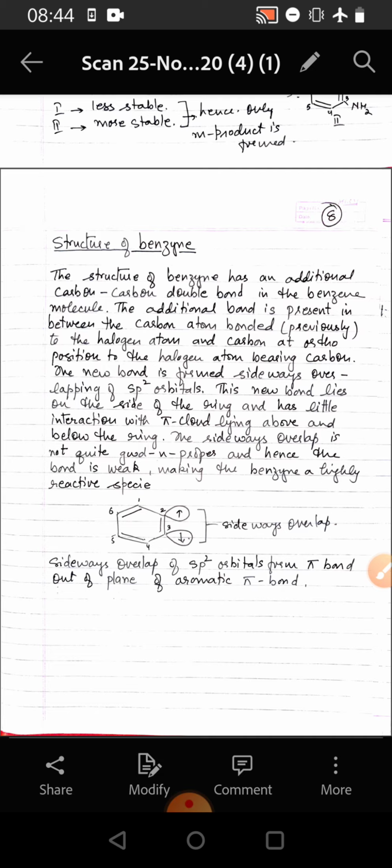This new bond lies on the side of the ring and has little interaction with the pi cloud lying above and below the ring. The sideways overlap is not quite good and proper, and hence the bond is weak, making the benzyne a highly reactive species. And the sideways overlap of sp2 orbitals forms a pi bond out of plane of the aromatic pi bond, which makes the benzyne species very reactive.